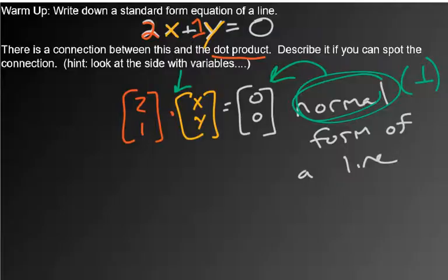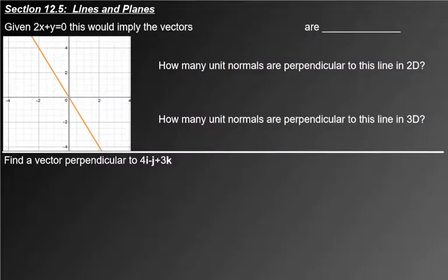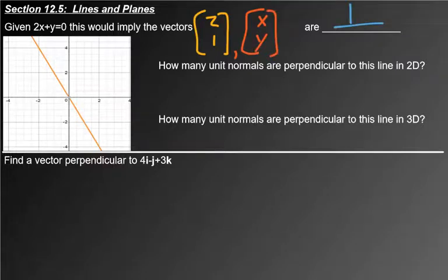So I was going to sum some of that up over here. This 2x plus y equals 0 implies that the vectors 2, 1 and the variable vector xy are just perpendicular, okay?